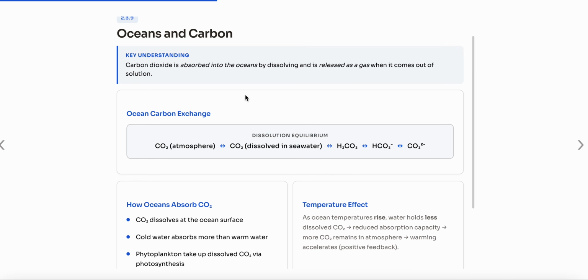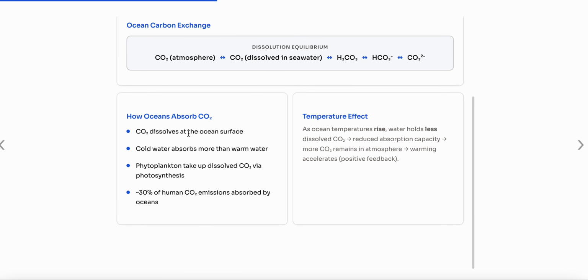So the ocean: carbon dioxide is absorbed into the ocean by dissolving and is released as a gas when it comes out of solution. So how does the ocean absorb carbon dioxide? Cold water absorbs more than warm water. Phytoplankton take up the carbon dioxide. They do photosynthesis, and about 30% of human carbon dioxide emissions is absorbed by the ocean.